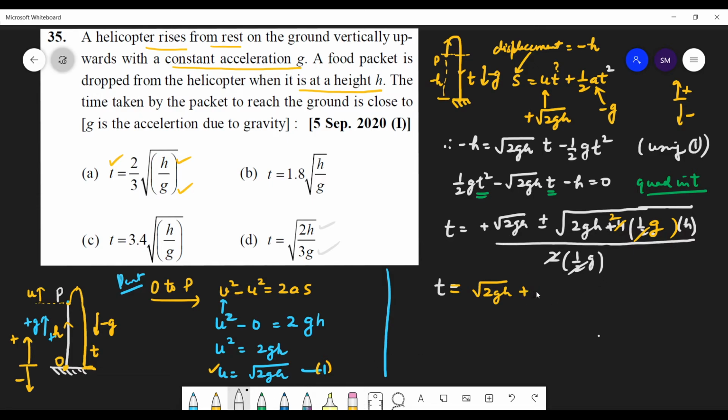So under the root gh plus minus under the root, so 2gh plus 2gh, that's 4gh divided by g. Now we can take out even under the root 2gh as common. Yes, so that's 1 minus 1 plus minus √2. Okay, yes or no?